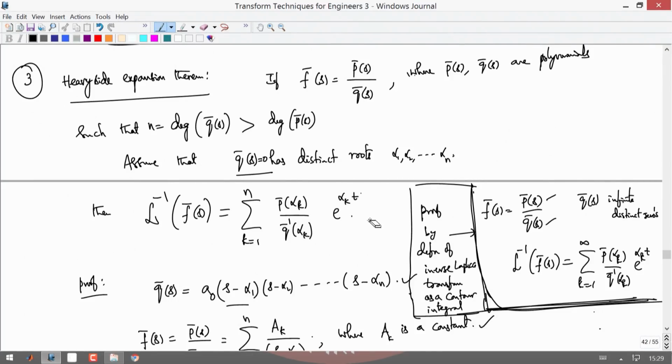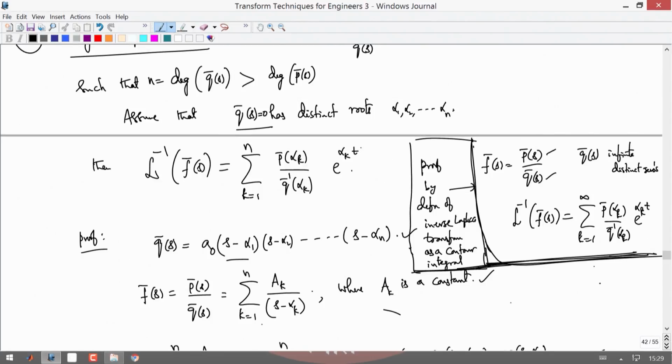Not this way, but by the basic definition of inverse Laplace transform as a contour integral, which is 1 by 2 pi times the integral from c minus i infinity to c plus i infinity of f bar of s e power st ds. This is the contour integration.